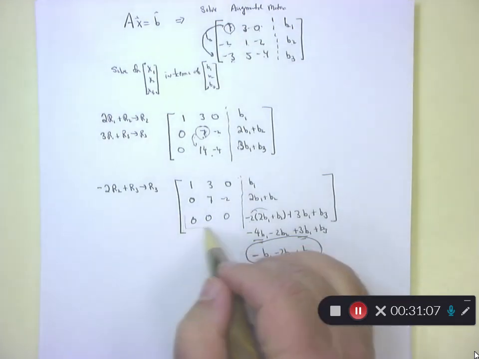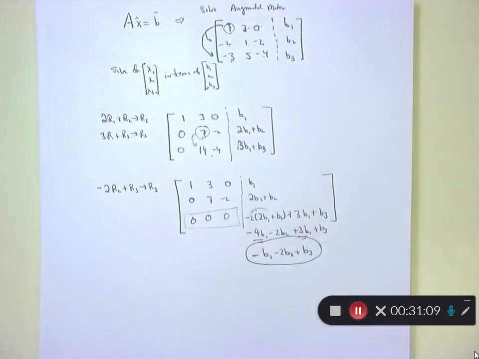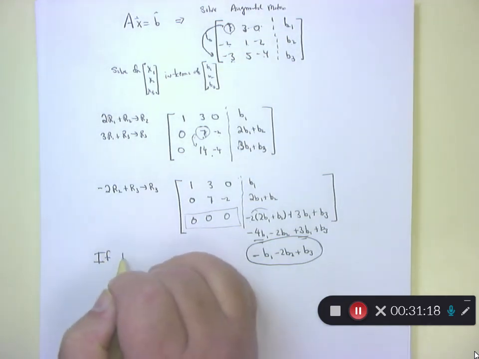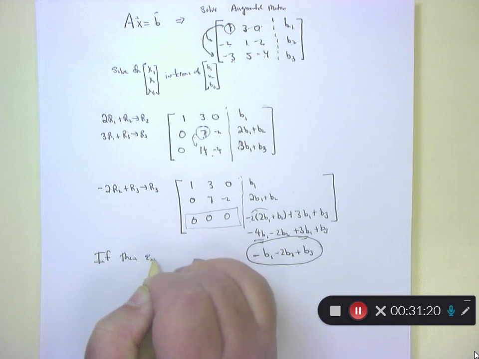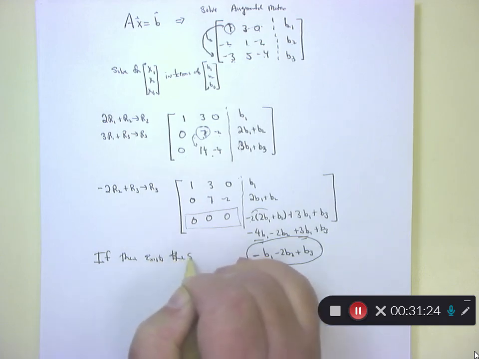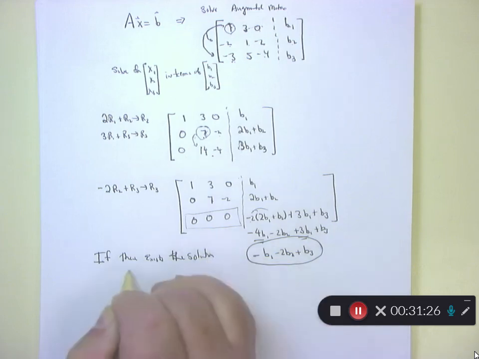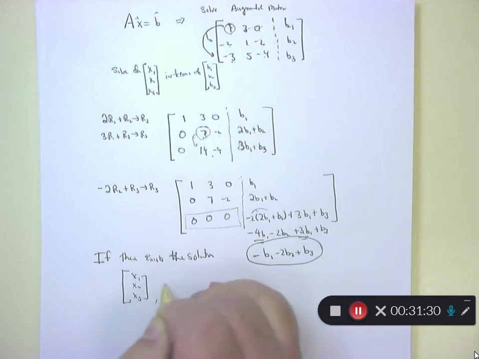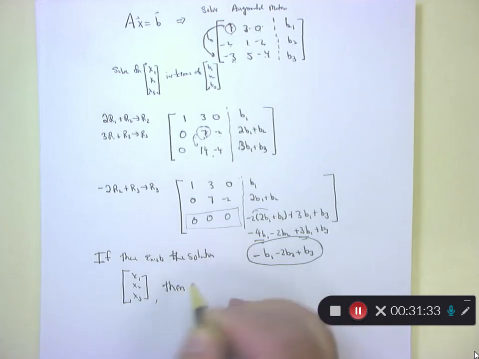And notice who he's attached to. A row of zeros. So, if, by big IF, there exists a solution x1, x2, x3, then what condition do we have?